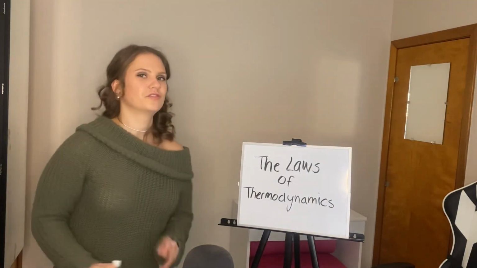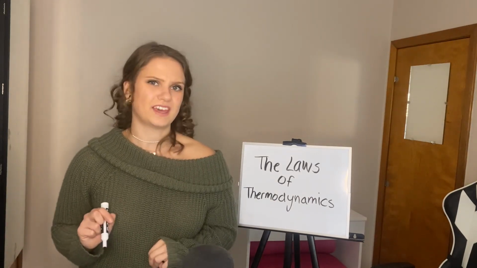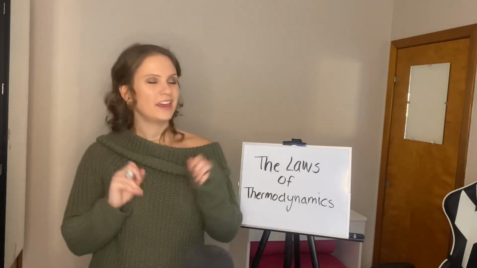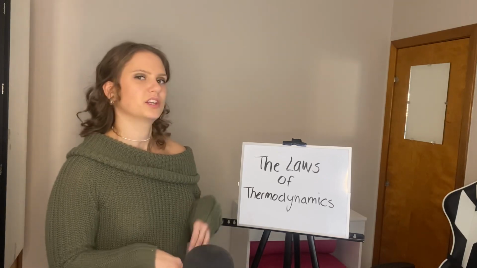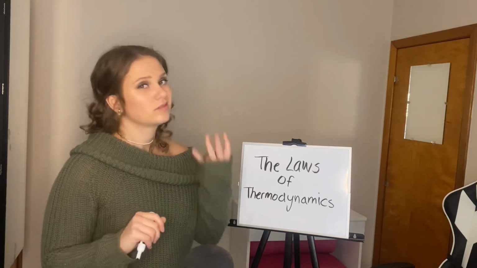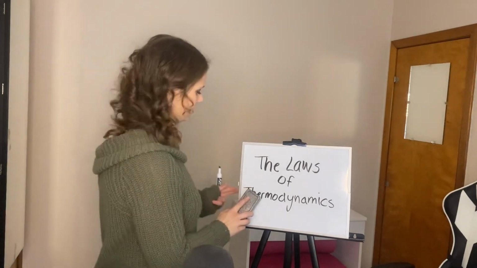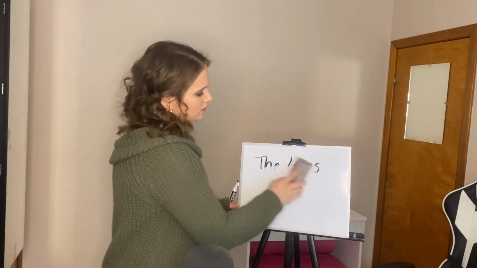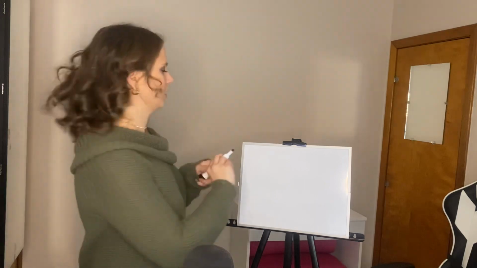So, for the longest time, there was technically 3, and then they added the 0th. Why they didn't just add a 4th? It's because it's important to understand the other 3. So they put it as a precursor, but there's 4. 1, 2, 3, 4 laws. So let's begin with the first.